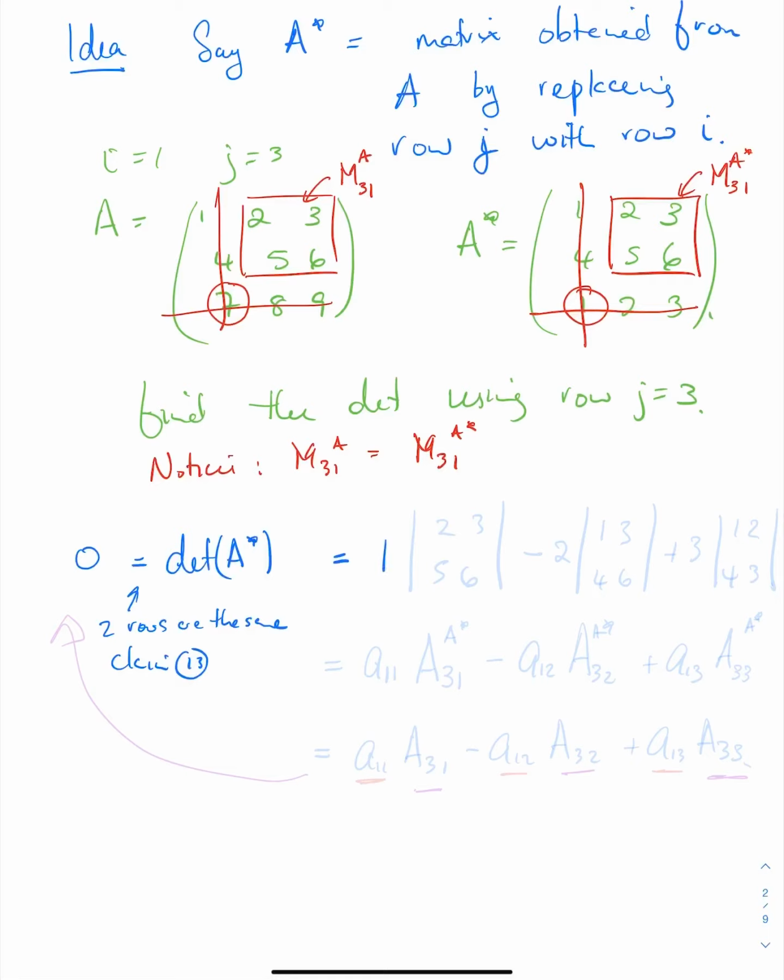It's going to be 1 times the determinant of this matrix, 2, 3, 5, 6, minus 2 times the determinant of 1, 3, 4, 6, plus 3 times the determinant of 1, 2, 4, 5. And notice, this is a_11 in A times A_31 of A star, minus a_12 in A times A_32 in A star, plus a_13 in A times A_33 in A star.